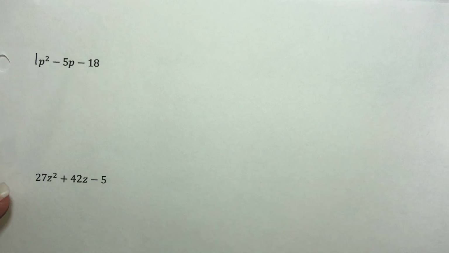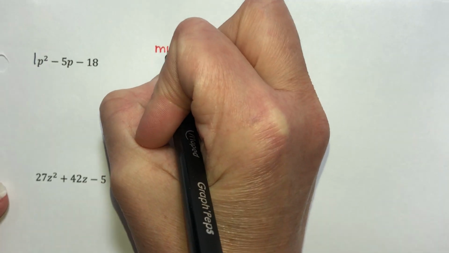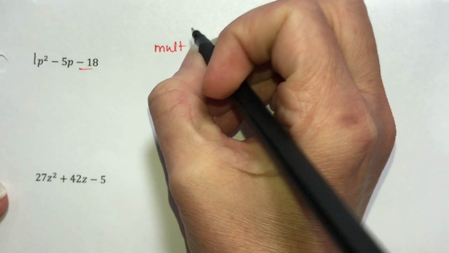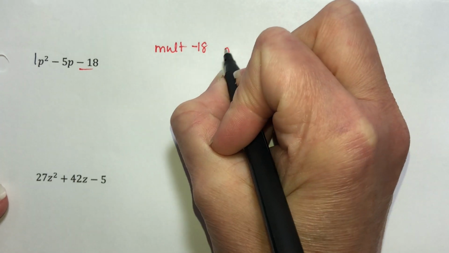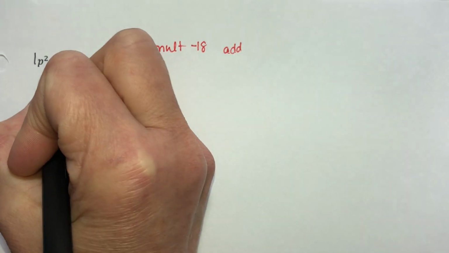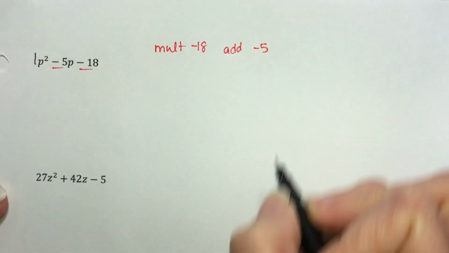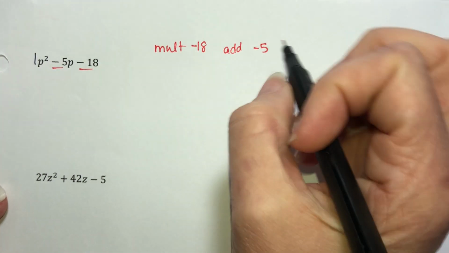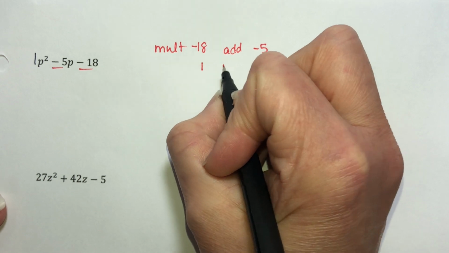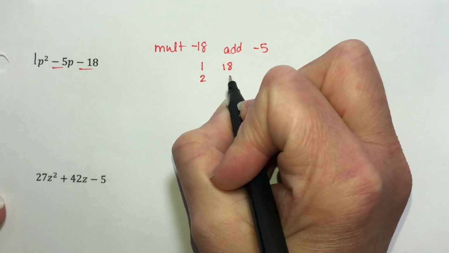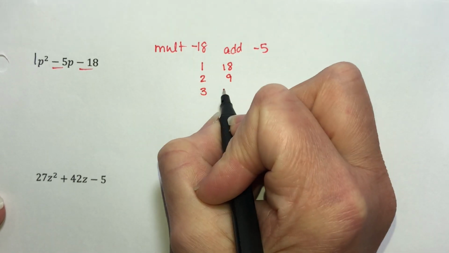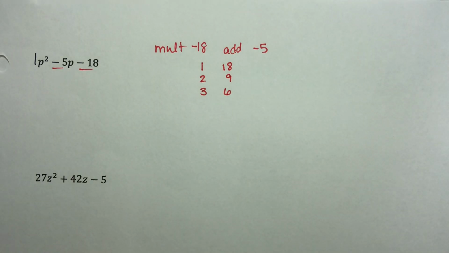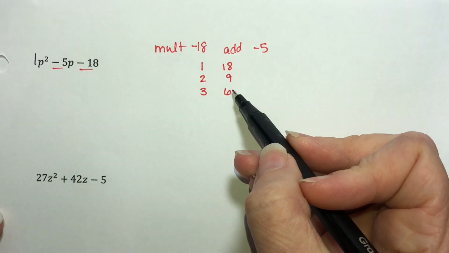I am looking for two numbers that multiply to a negative 18 and add to a negative 5. So let's list things that multiply to 18. I'm ignoring the sign for a step. 1 and 18, 2 and 9, 3 and 6, 4 doesn't work, 5 doesn't work, and then you're back at 6.